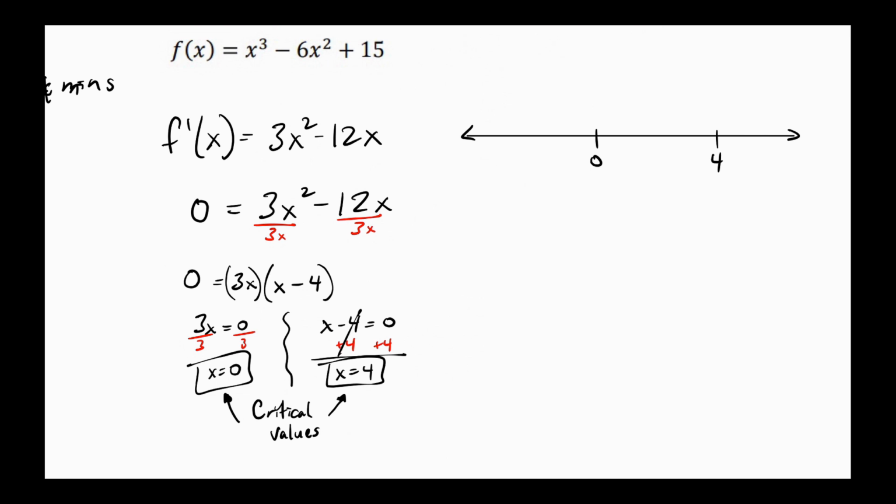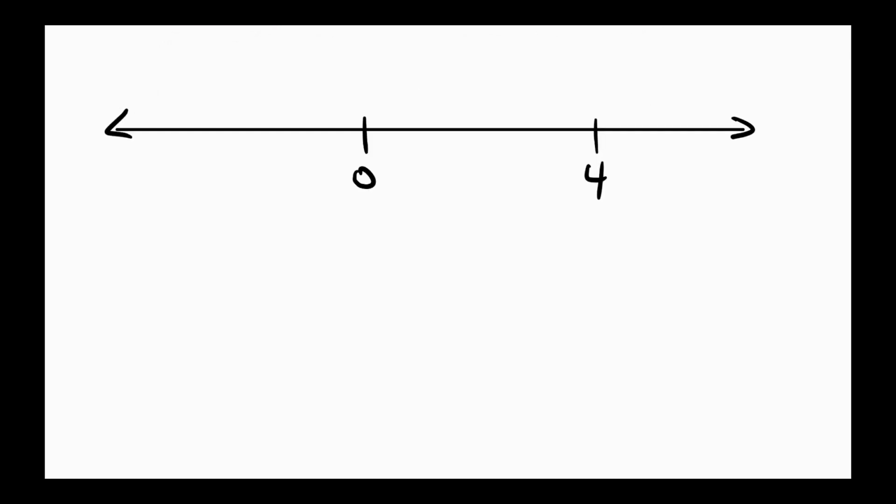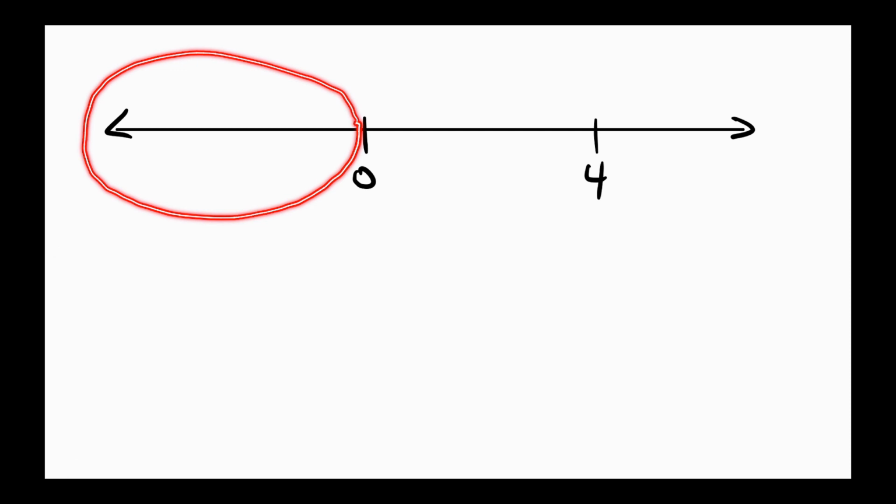So how do I determine whether it's positive or negative? What am I going to do? So if I want to know for these guys over here, I mean any number that's less than 0. Any number that's less than 0. -1, -1,000, -1,000,000, right?